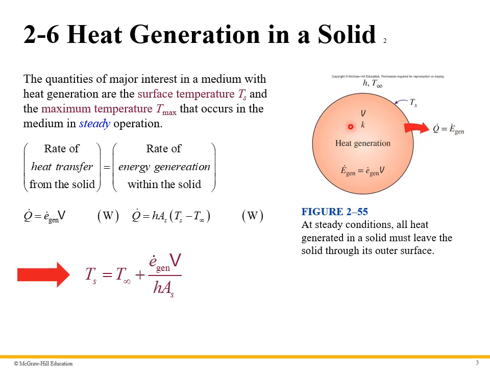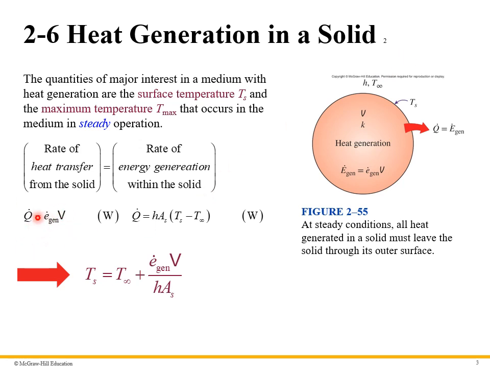That heat then is conducted to the surface, and at the surface, it's going to convect to the outside. At the surface, it has a temperature T sub S, and far away from the solid itself, we call it T infinity. That's just the temperature far away.